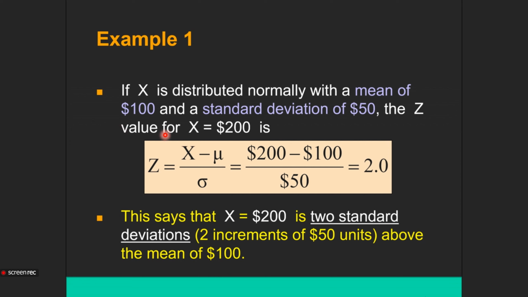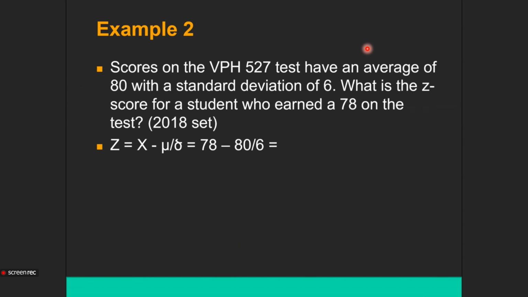Recall, when you sketch this particular curve, our mean, which is 100, will be at the center, while this random variable x will be to the right hand side or above our mean. So, with the standard deviation of 50, it simply means that from our mean, our random variable x is 2 standard deviations above this particular mean. I hope that makes sense.